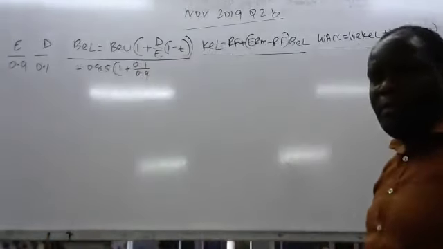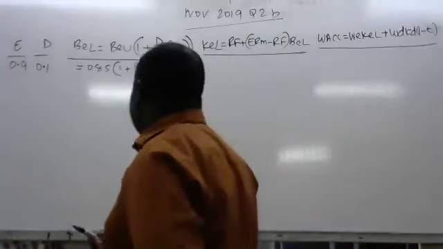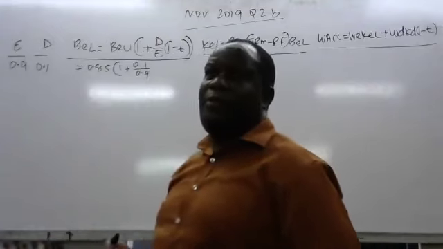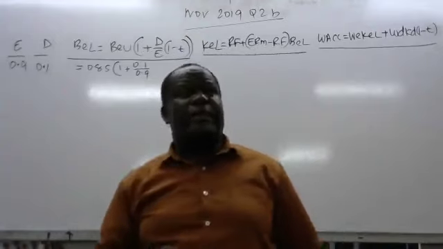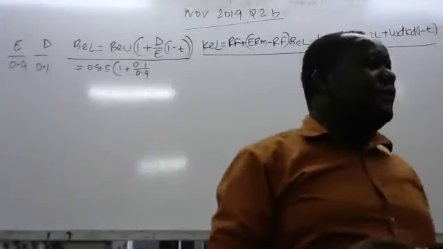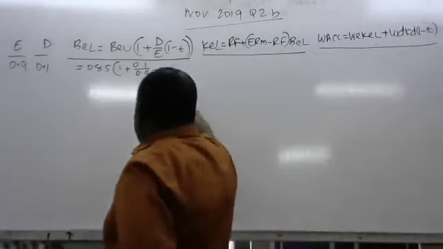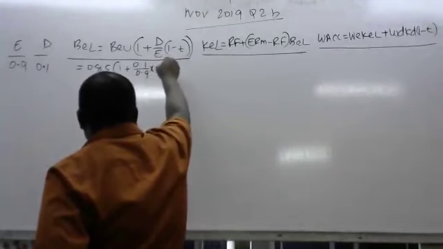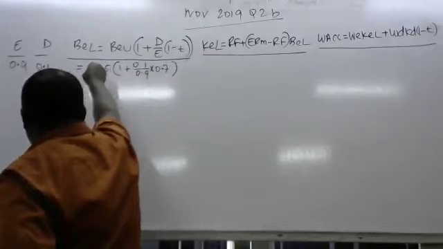Then we multiply by 1 minus the tax rate. So it is 1 minus 0.3, because the corporate tax rate is 30%. So 1 minus 0.3 is the same as 0.7. So multiplied by 0.7 at that point. Then come up with the value for that.